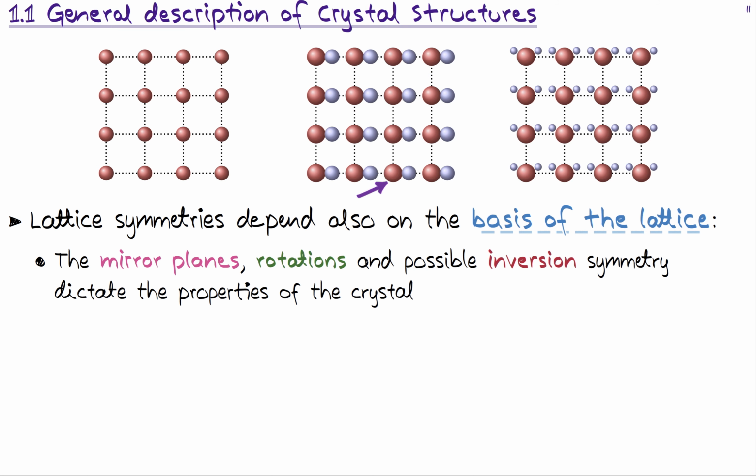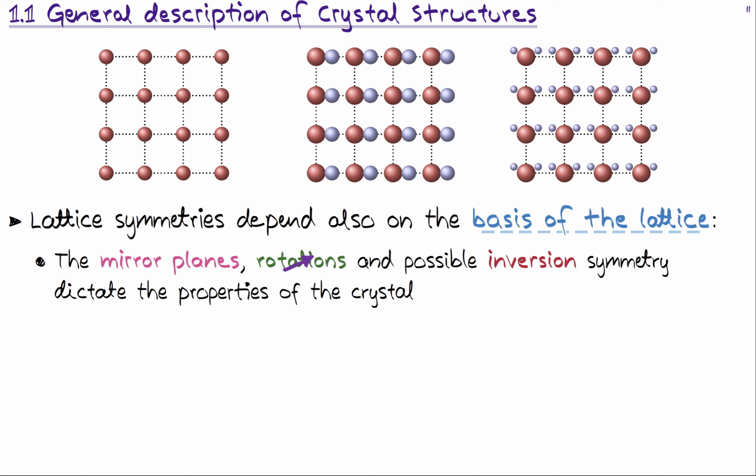The same thing if I would imagine drawing a mirror plane at the center, and I would make a mirror operation, the different parts of the structure are not symmetric anymore. Here I will still have the symmetry when I draw a vertical line. And if I would draw the horizontal line, I would see that in this kind of structure I would have symmetry with respect to a horizontal mirror plane, and in here I do not, and so forth.